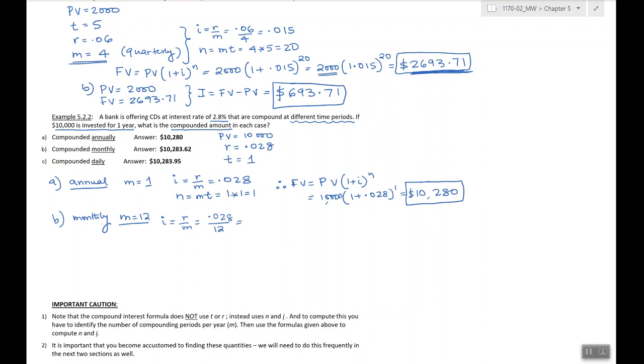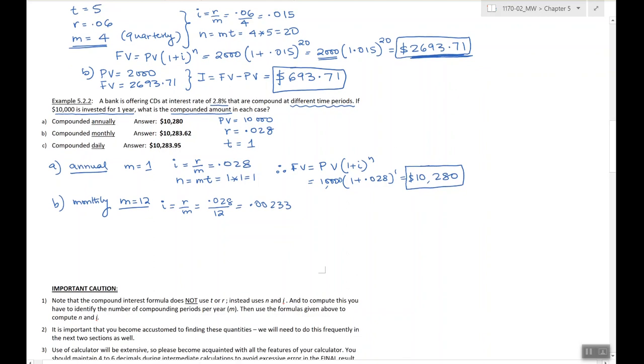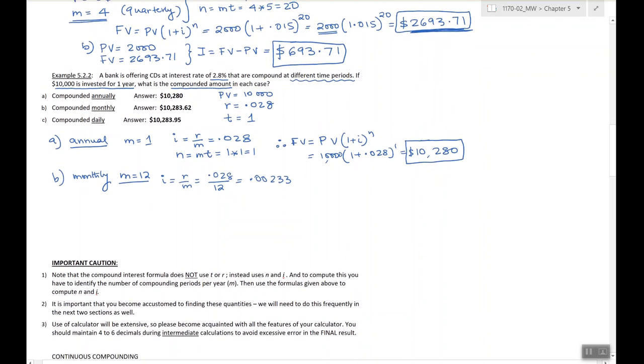So that comes to 0.00233. We should keep a sufficient number of decimal places to get accurate answers. N is MT, so that would be 12 times 1, so that's 12.